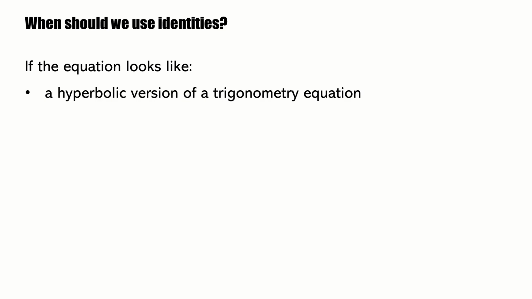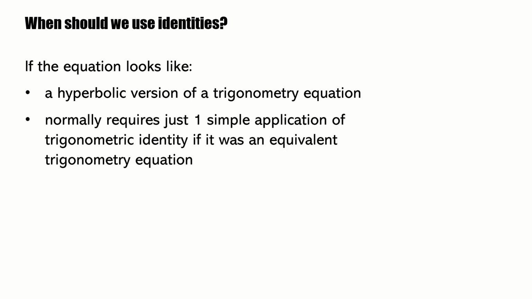What you're going to be doing is looking at your equation and deciding if, first of all, obviously it's an equation that looks like a trigonometric equation but with hyperbolic functions instead, and then deciding, with the structure of the hyperbolic functions that you have, if those were trigonometric functions, would you usually be using a trig identity to solve that trig equation?